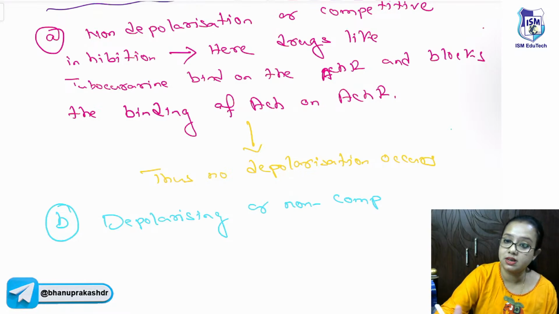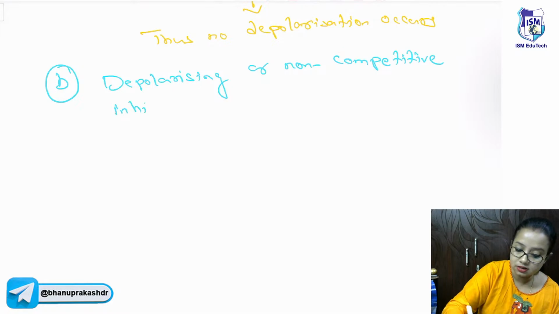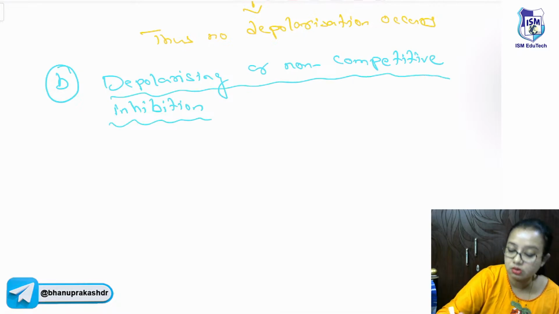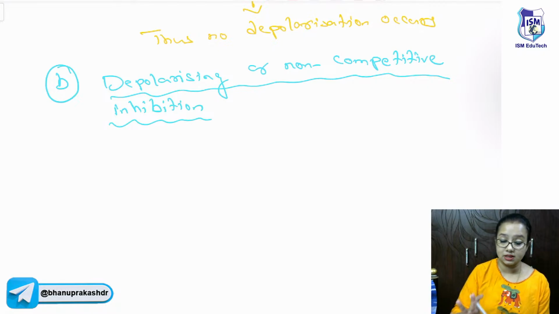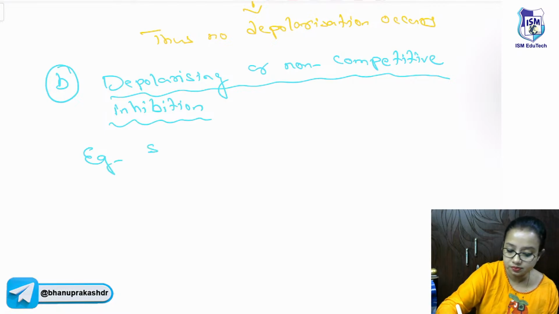Rather, depolarizing will be induced. It will mimic the function of the acetylcholine. So, depolarizing and non-competitive inhibition means this drug will not compete to bind onto the acetylcholine receptor. Rather, it will mimic the action of the acetylcholine.